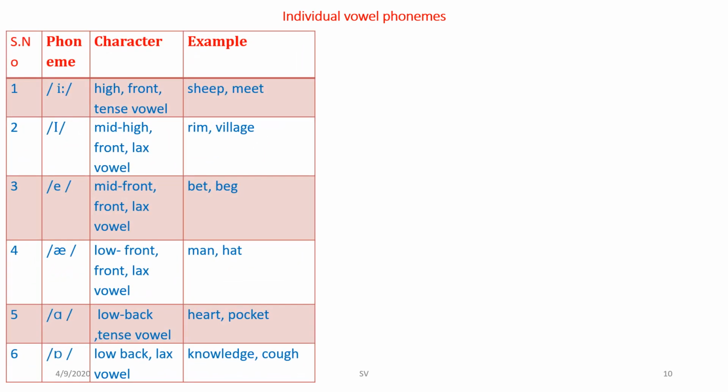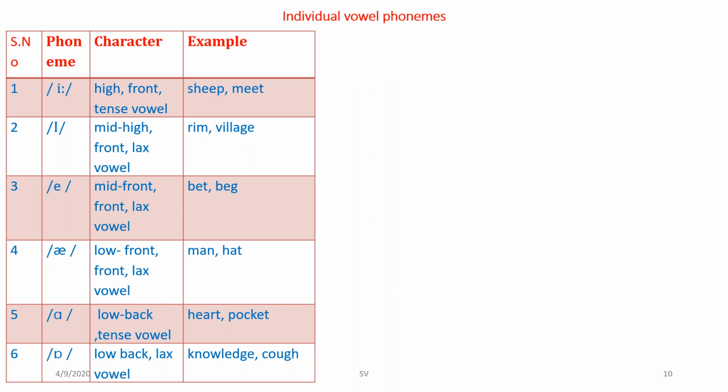Now we have individual vowel phonemes. Phoneme, character and example. Number 1, E. Character is high, front, tense vowel. The example: sheep, meat.